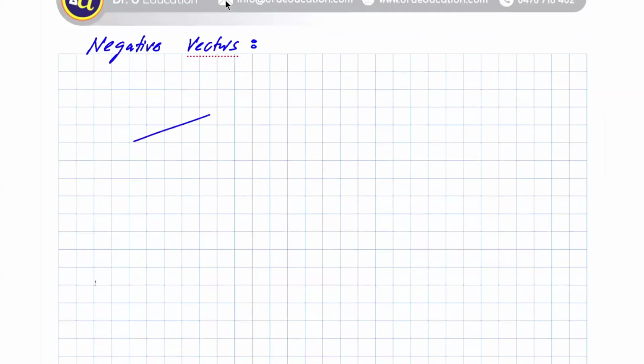Let's talk about negative vectors now. This is a very easy concept. Suppose this vector is U vector, from this point to the final point. If you flip the direction, this can be written as minus U vector.